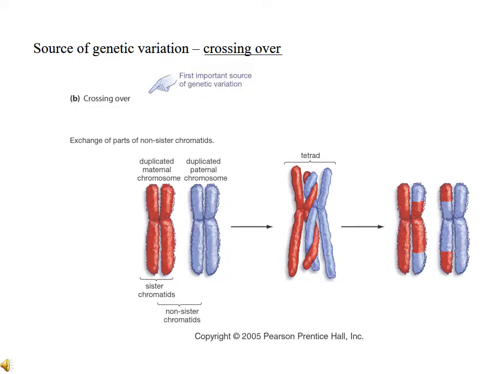During this process, the homologous pairs come close together, and they basically go through this hugging, this dance so close to each other that allows material from one homologous pair to jump over to another homologous pair, and look what you end up with. You end up with two new chromosomes that are somewhat different from the original two that you started with. And this is, again, the first source of genetic variation.